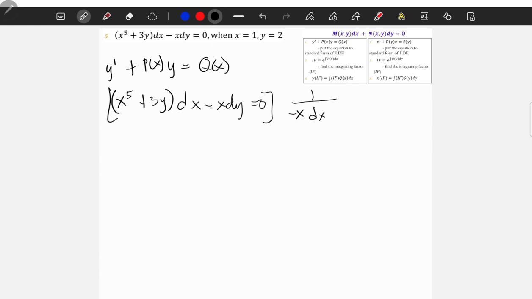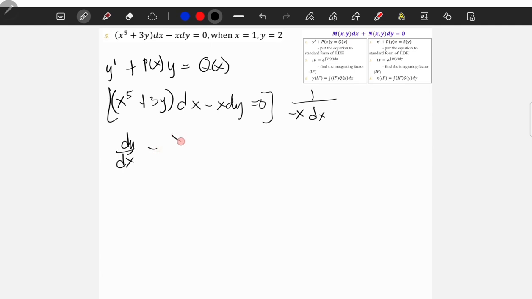If we multiply negative x dy by 1 over negative x dx, negative x is cancelled out. The remaining is dy over dx. If we multiply this expression, x to the power of 5 plus 3y dx, by 1 over negative x dx, dx is cancelled out and positive divided by negative is negative.